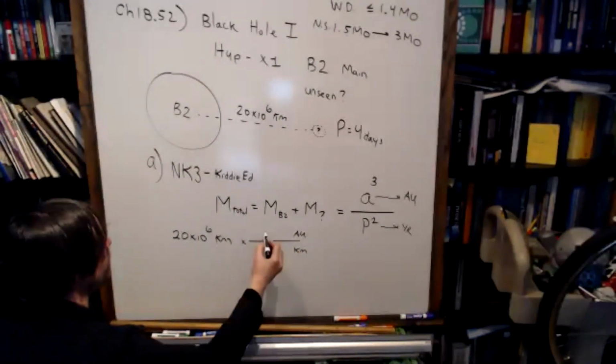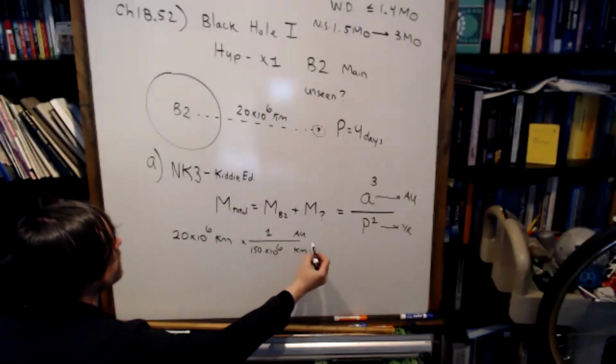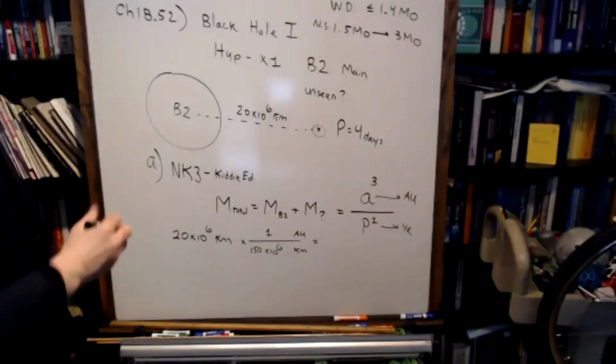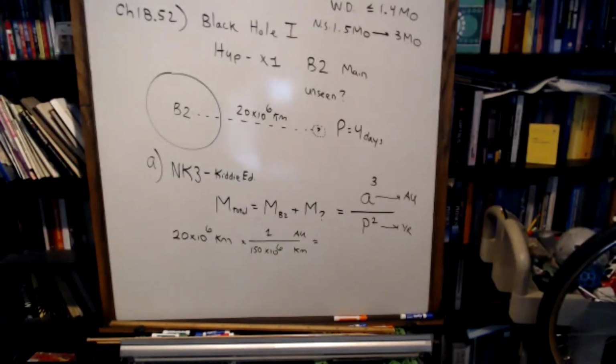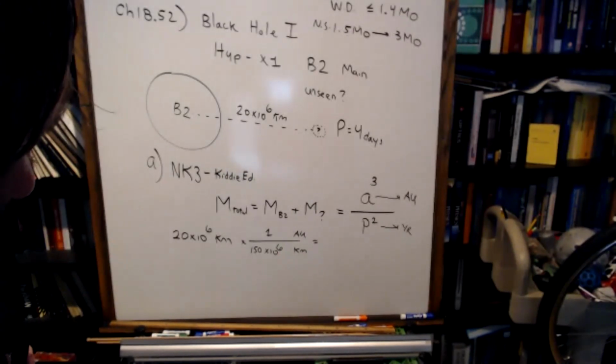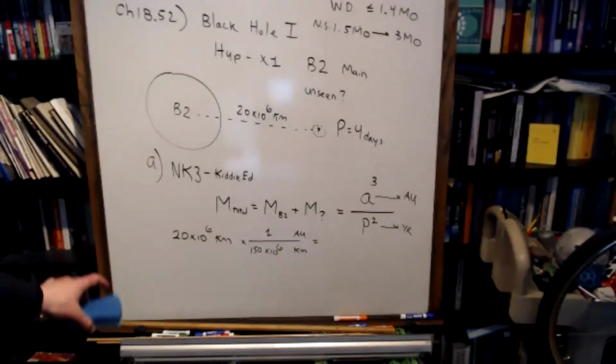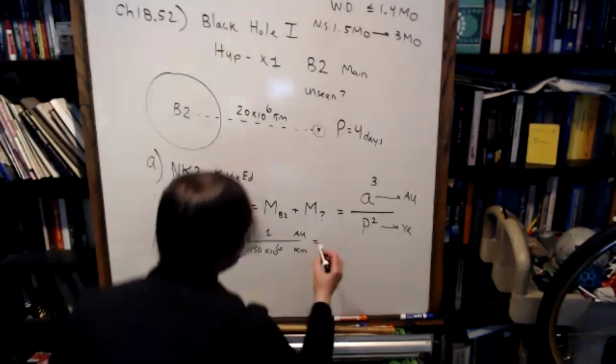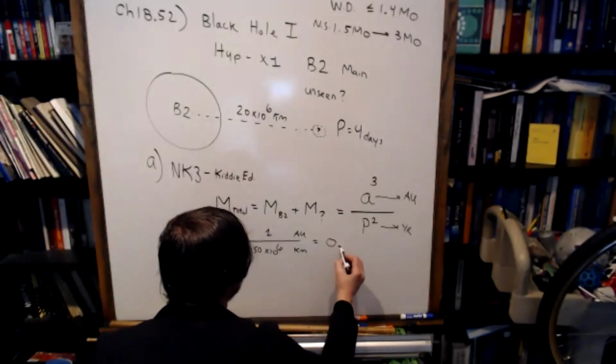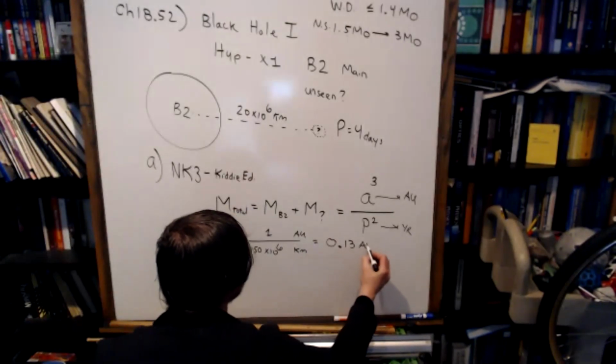On the bottom. Okay. So what's 2 over 15? 2 over 15. I mean, it's what it is, right? Everything else cancels. I get 0.13 of an AU.